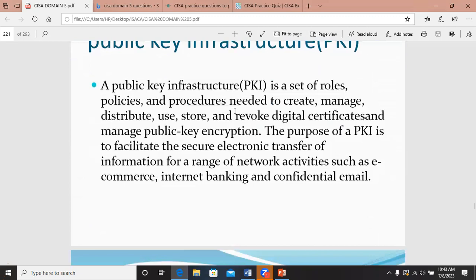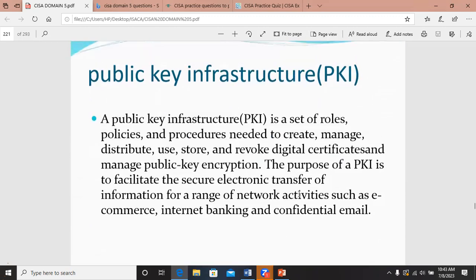Then we have what is called public key infrastructure. I remember there was a time I wanted to do a transaction online, and I typed the organization name, and I saw hundreds of websites, and I was a little bit scared, not knowing which website is correct.